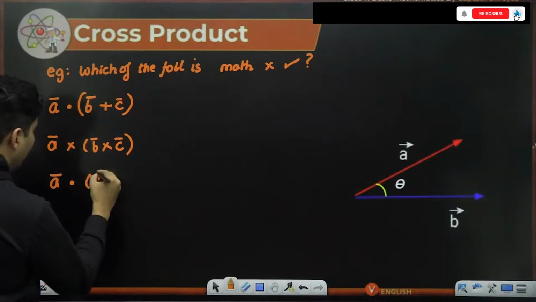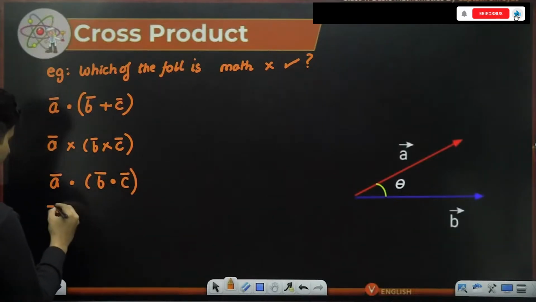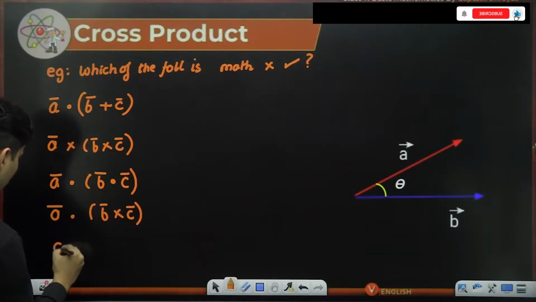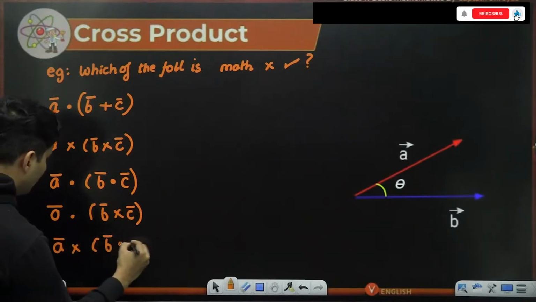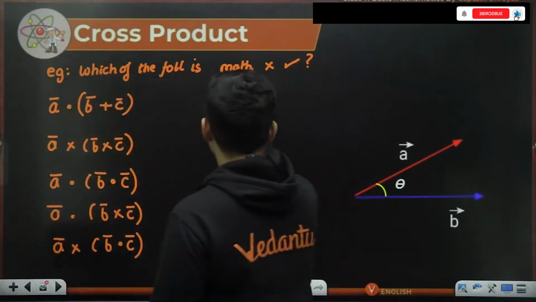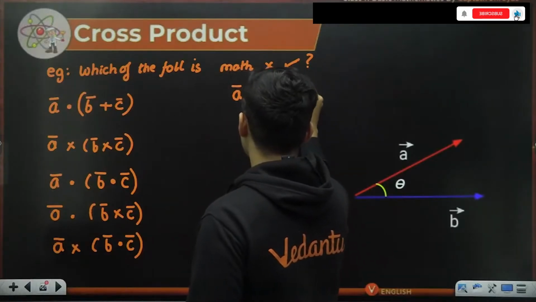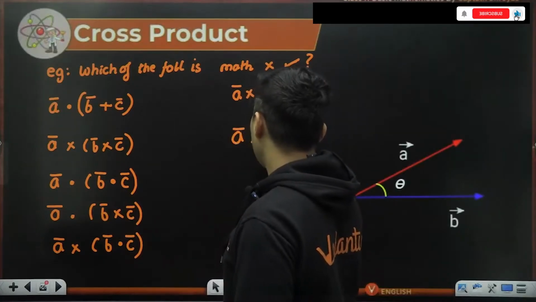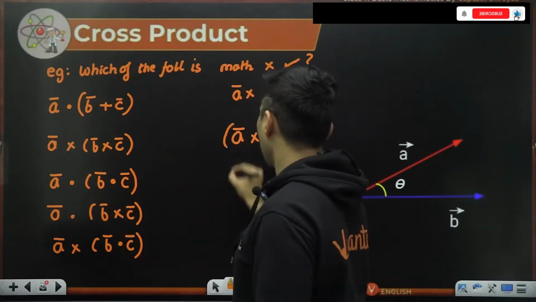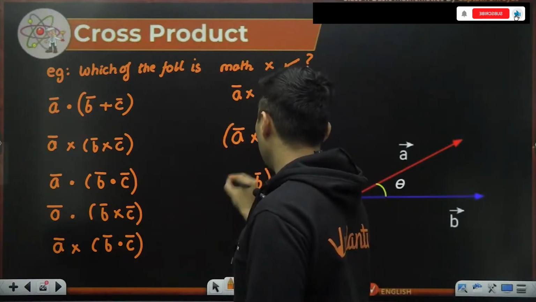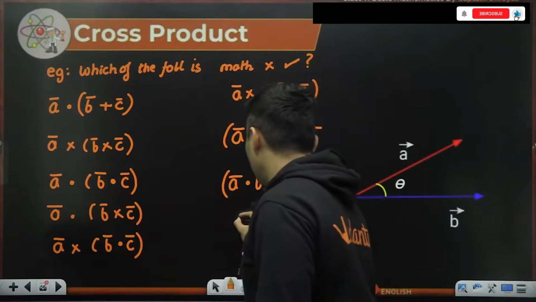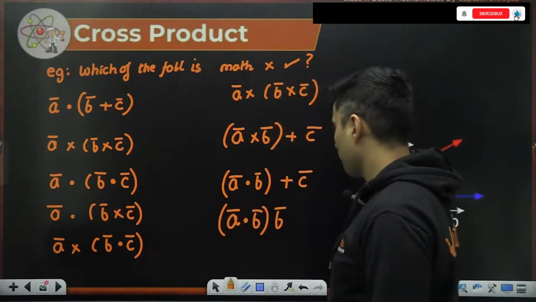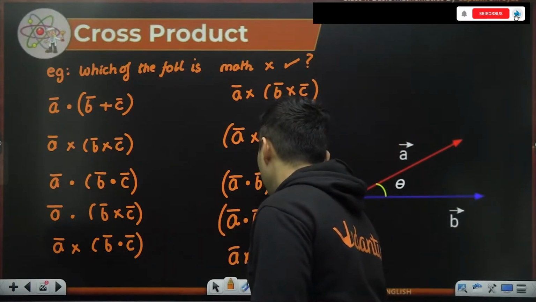A dot B dot C. A dot B cross C. A cross B dot C. A cross B cross C. A cross B plus C. A dot B plus C. A dot B B bar. A cross B.